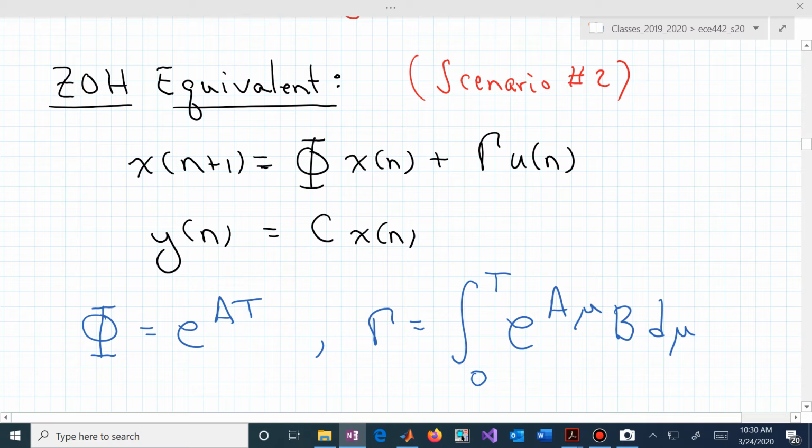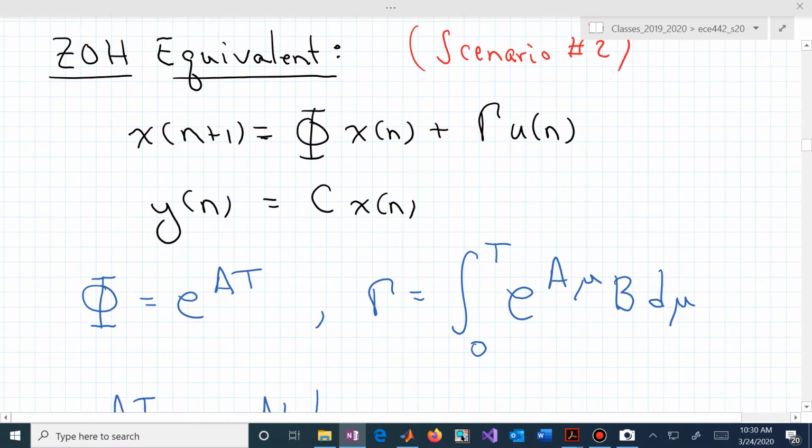Here, the system matrix phi is e to the aT. The input matrix gamma is found by using that matrix exponential e to the a mu times the continuous time input matrix B and integrating that over one period from 0 to capital T.